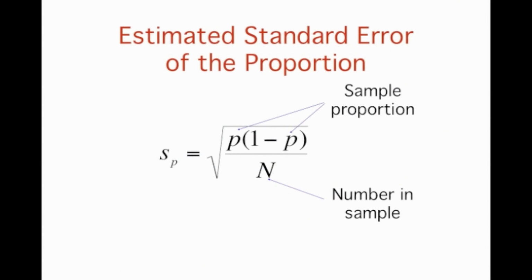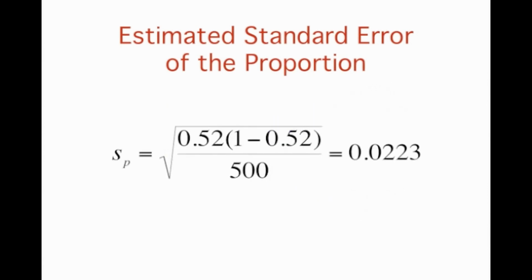The estimated standard error of p is calculated by taking the square root of the sample proportion multiplied by 1 minus the sample proportion, divided by the number in the sample. Applying our formula, we find the estimated standard error of the proportion is 0.0223.